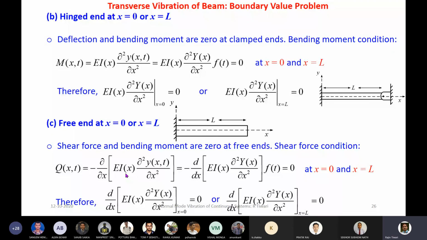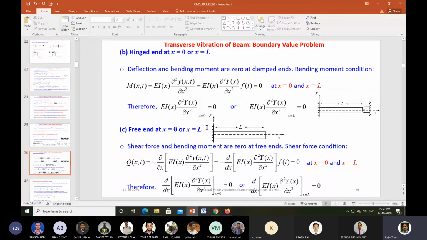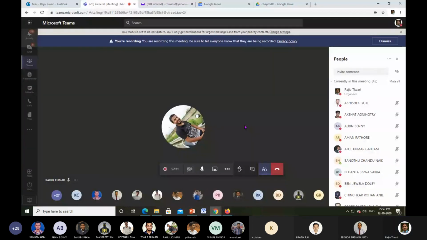Then we will solve the eigenvalue problem for specific cases, so that the common properties can be analyzed in the generalized formulation, which is applicable for several cases. I will stop here because this was more on the formulation part.